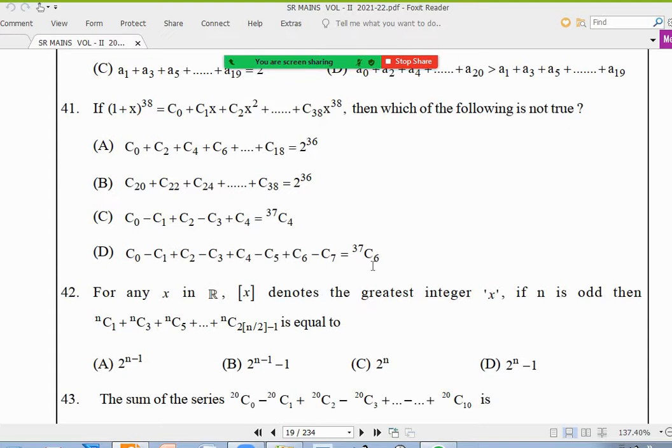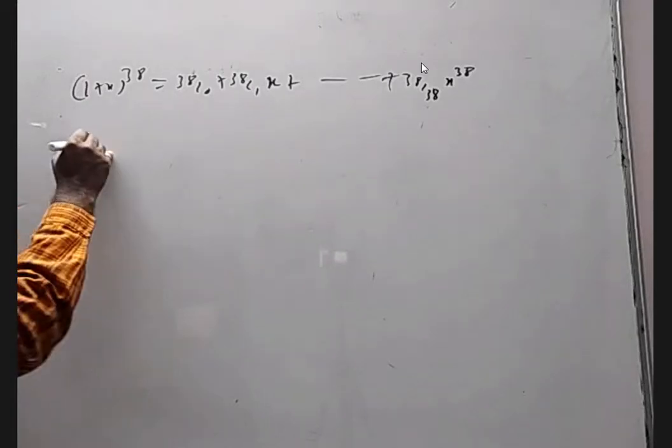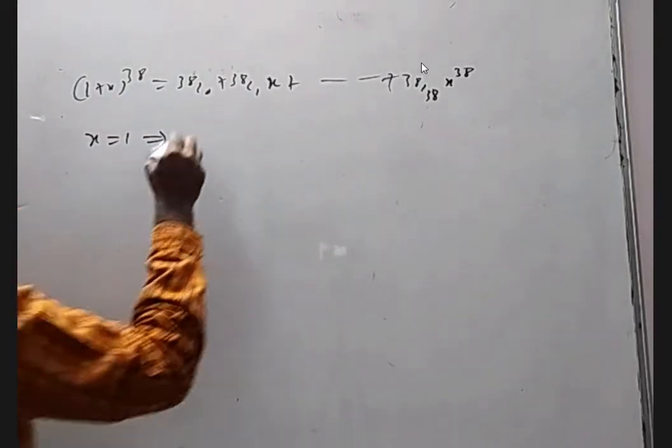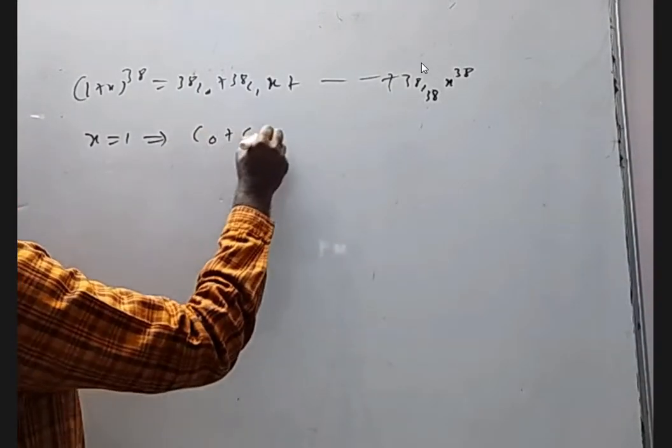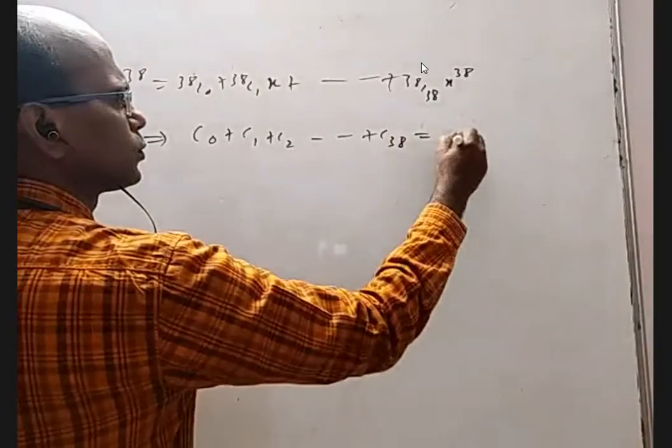Okay, 1 plus x whole power 38 is 38c0 plus 38c1 x so on up to 38c38 x power 38. This they call c0, c1 so on. If I put x is equal to 1, I'll get c0 plus c1 plus c2 so on up to c38 is 2 power 38.